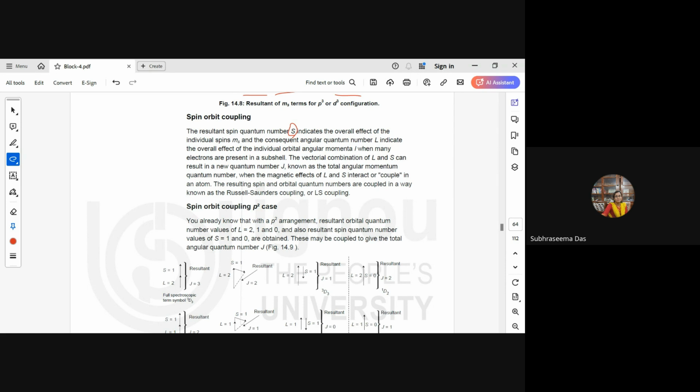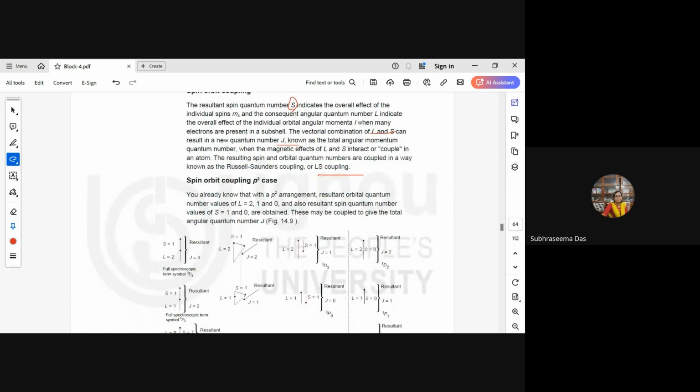The vector combination of L and S results in a new quantum number called J, known as the total angular momentum quantum number. When the orbital magnetic field and the spin magnetic field interact with each other, they form J, and this is known as LS coupling or Russell-Saunders coupling, that is RS coupling.